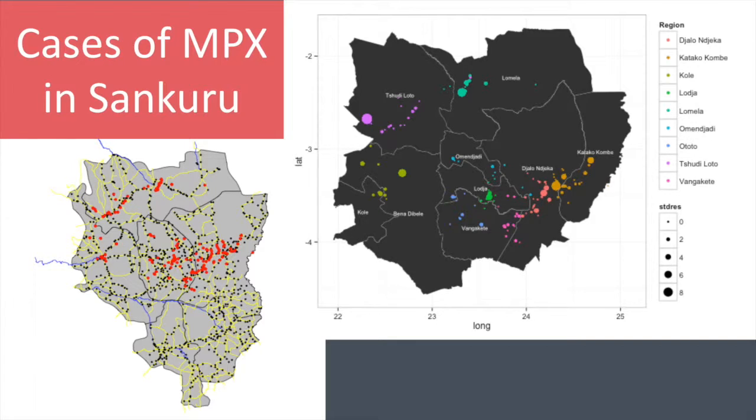In the top right, the size of dots correlates to the number of cases per village. So you see some villages are more affected than others, but this map only shows monkeypox cases, unfortunately not co-infections, but it does give you a visualization of where most of the cases occur.